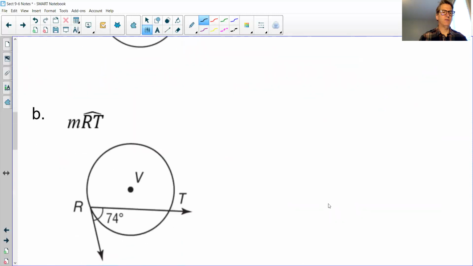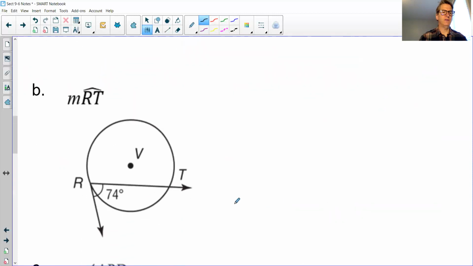Letter B, the measure of arc RT. So you've got 74 degrees. In this case, we're looking at the measure of RT all the way around the circle, which is 360.